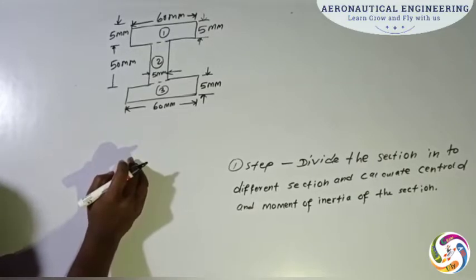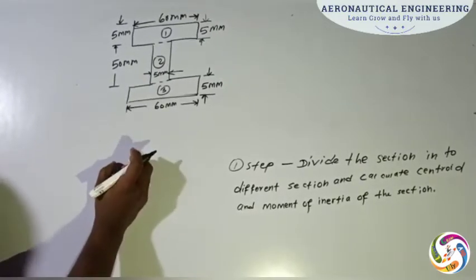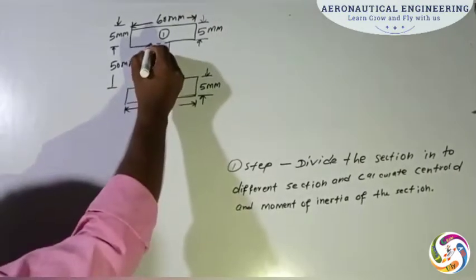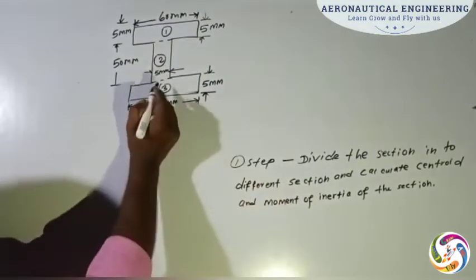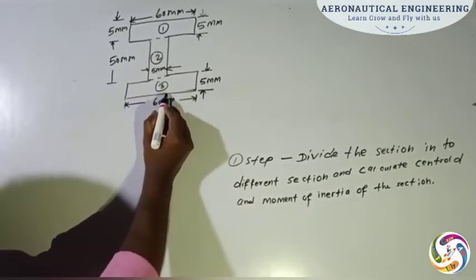Now, for the first section we have to calculate the centroid and moment of inertia, and in a similar way for the second section and third section.